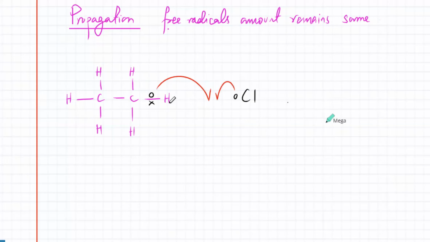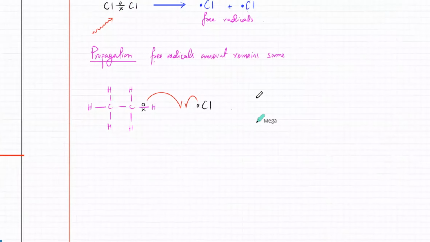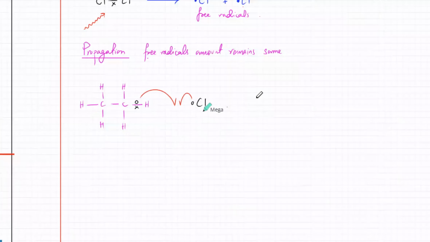H is sharing electrons with carbon, but Cl is pulling that electron towards itself. So what would eventually happen is that the H, instead of sharing electrons with the carbon atom, will start sharing electrons with Cl, and an HCl molecule will be produced. So this is the product of the reaction, that the Cl, which is very electronegative and very reactive, needs an electron at all cost.